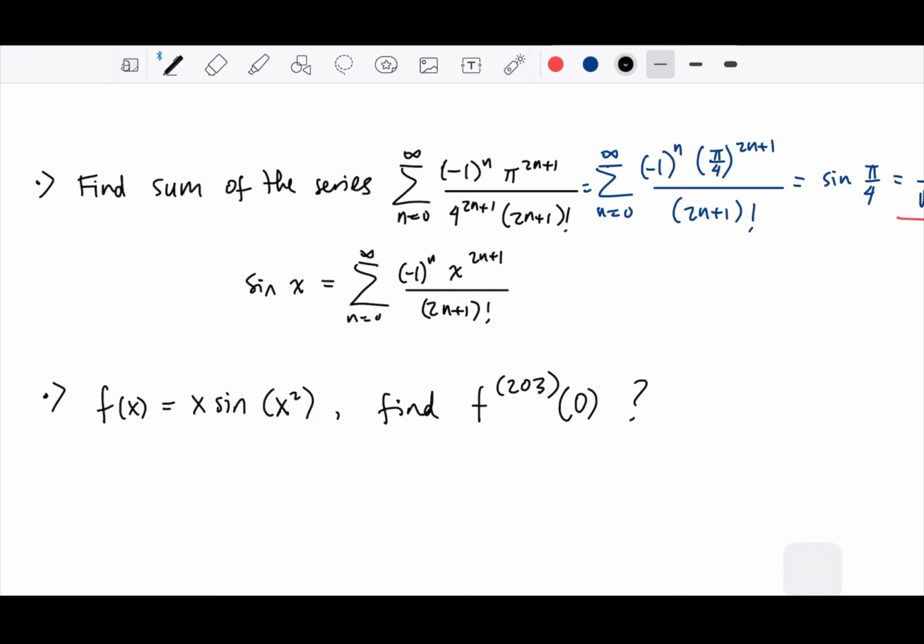Now in this question, the first step is looking at the function and thinking about how this looks in terms of the series. You need to modify the series from sine x, and then find the coefficient for the 203 derivative.